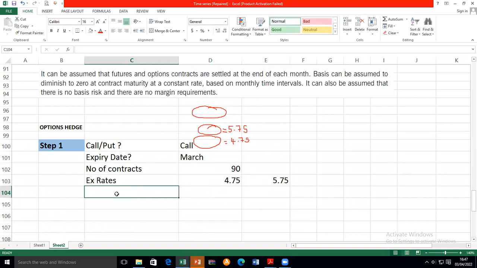What are the premiums? Let's read the premiums. For this one, what's the premium? 4.75.